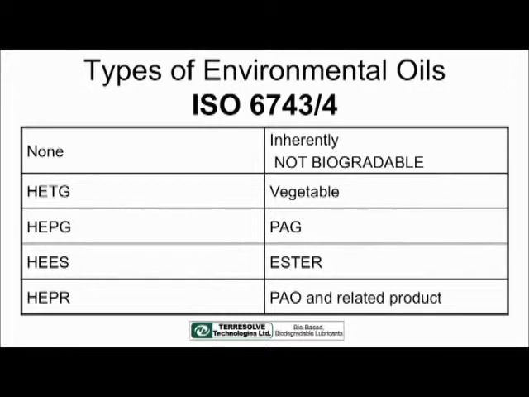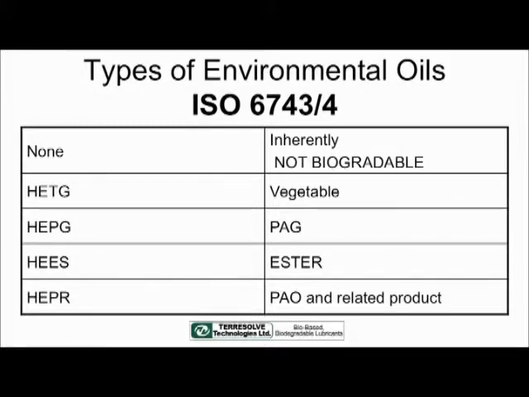They have the HEPG, which are hydraulic environmental polyglycols, the HEES, which are the esters, and the second S is saturated. At one time they used partially, not fully, saturated esters, but they found them to be much more like the triglycerides in terms of their performance characteristics. And really the ISO is not involved with those anymore.